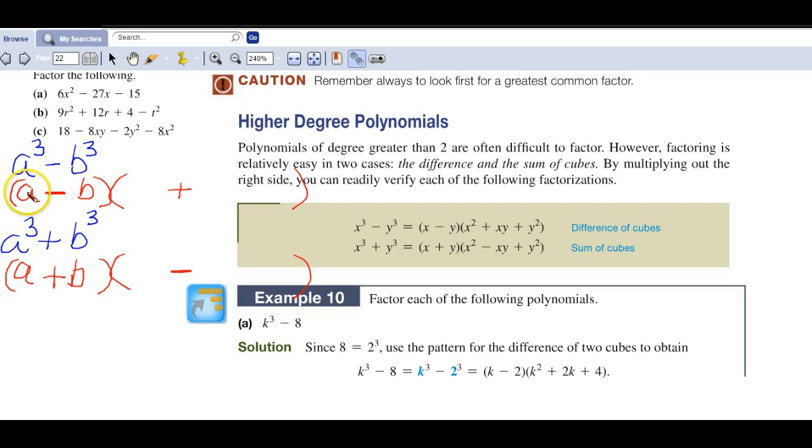Now we square this, and that goes right there. Now we multiply these together, disregarding the sign because we already know the sign. This is going to be an ab. And we're going to square this. And notice we get the same results.